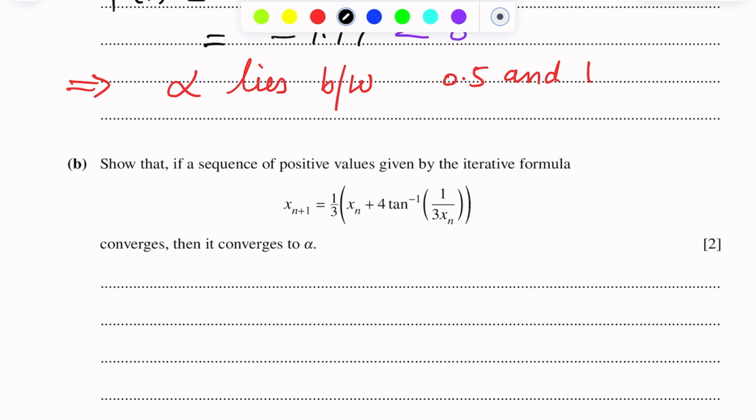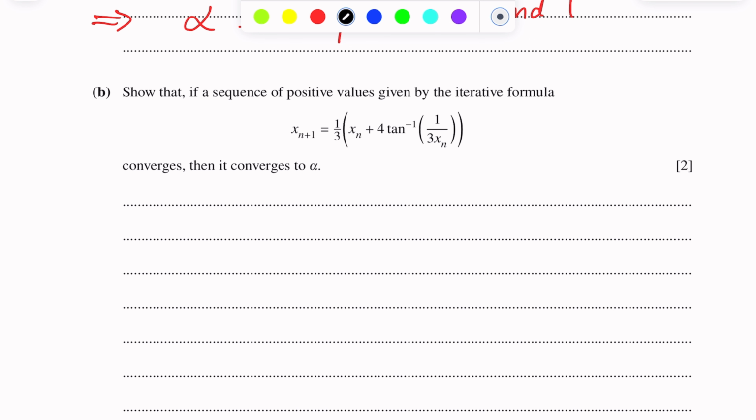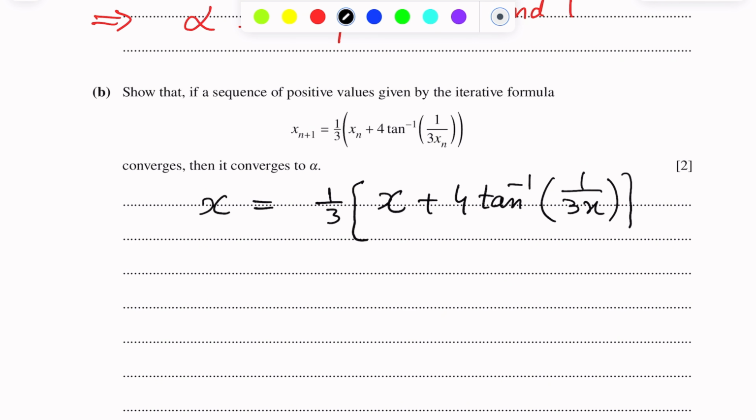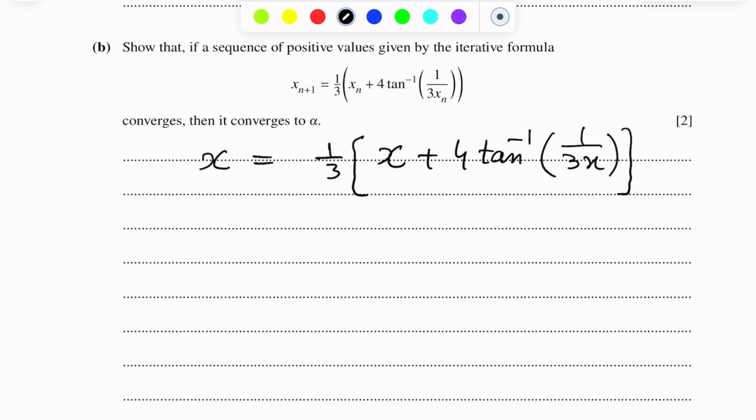We get x = 1/3 (x + 4 tan inverse(1/(3x))). Now rearranging, cross multiplying, 3 will be multiplied by x, so this becomes 3x = x + 4 tan inverse(1/(3x)).